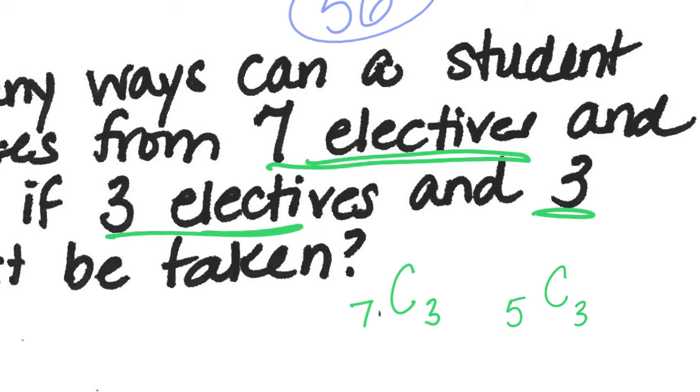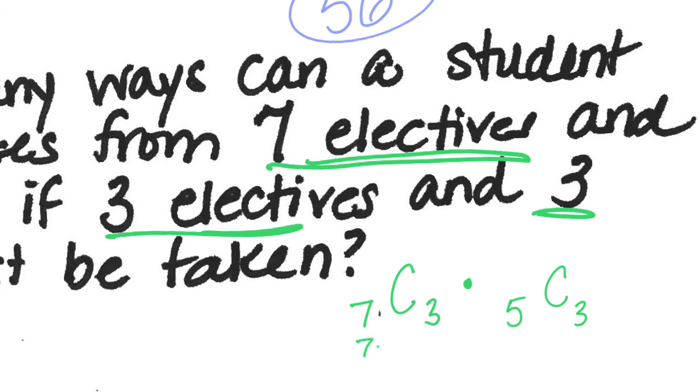Now my question to you is, what do I do here? Do I add this? Do I multiply this? What is your gut telling you? When you line up and have to solve a couple combinations or permutations together, you will always multiply them. So let's go ahead and do this. We can set this up as is.